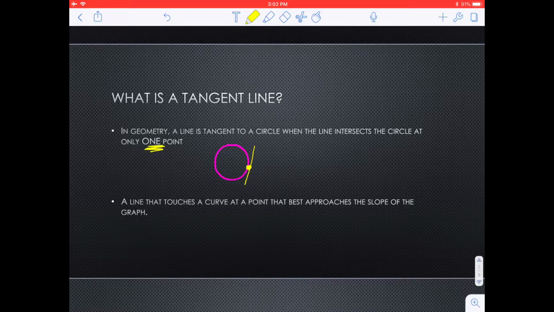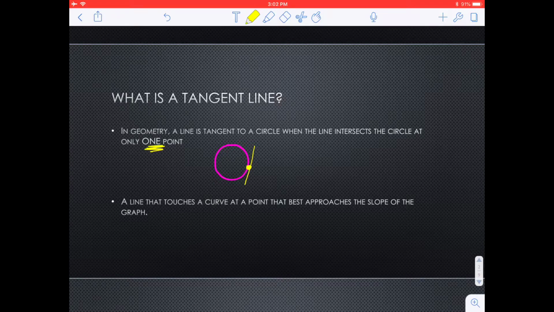A tangent line is a line that touches a curve at a point that best approaches the slope of the graph. In the past in geometry, you've always looked at this in reference to a circle, but our goal today is to take this beyond. We want to start looking at individual functions.